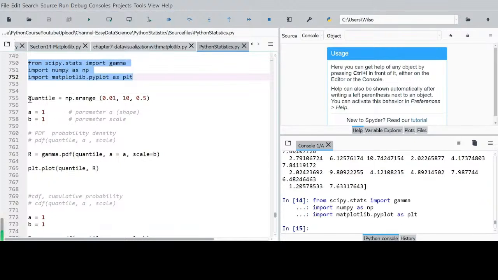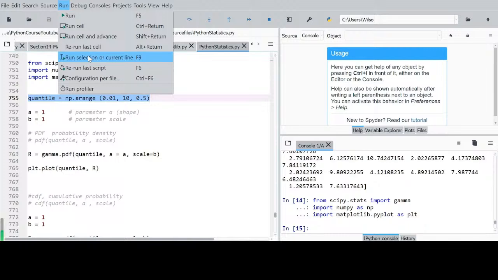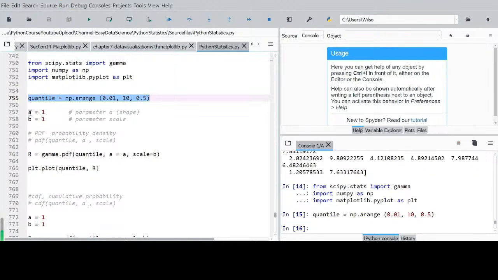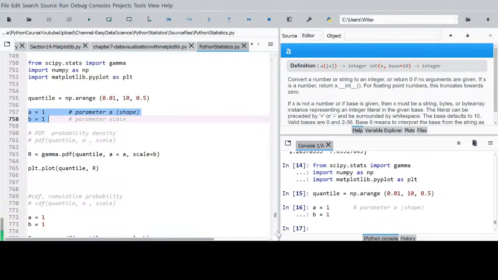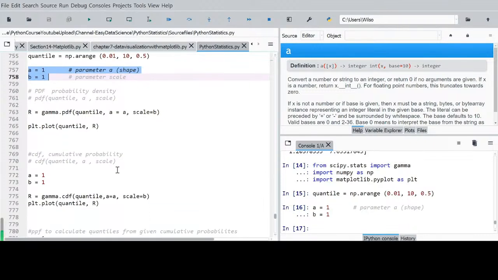We create an array called quantile between 0.01 and 10 representing the gamma random variable, with a gap of 0.5. Because a gamma random variable has to be a positive number, we set an array between 0 and 10. We just set a for the shape and scale both equal to 1. Actually a equals 1 means the exponential distribution.